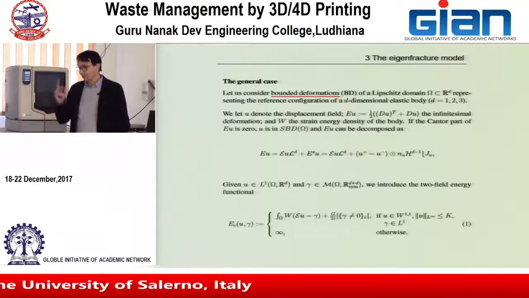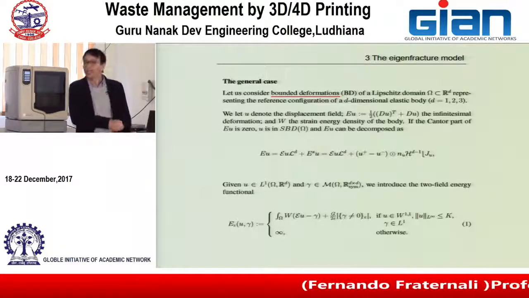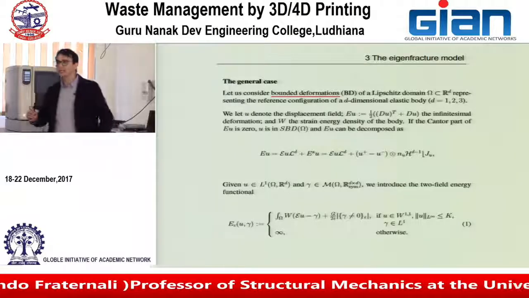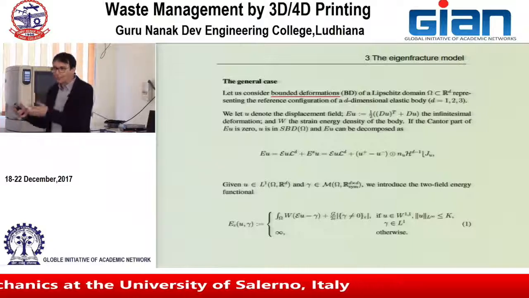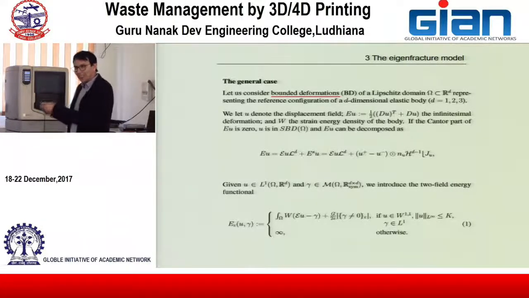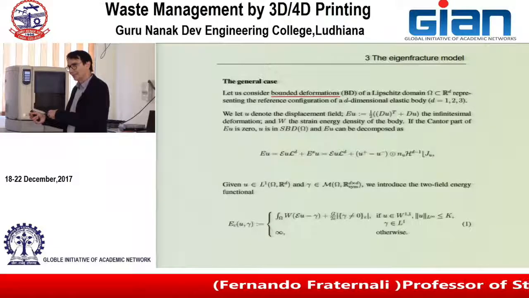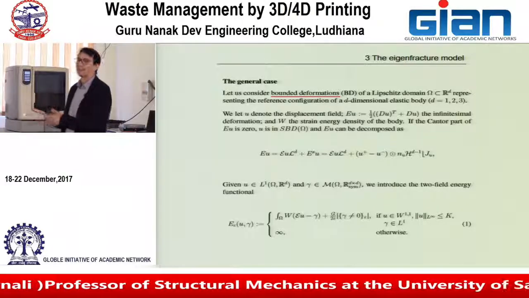Our variables are still two, but are not U and K or phi and K. Are U and gamma. Okay? Gamma can be in each element, but in the end, we want that this gamma is equal to the strain in the cracked elements and 0 in the undamaged elements.